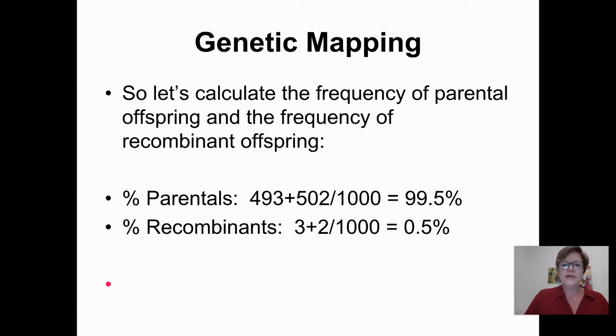So we're going to calculate then the frequency of offspring with parental allele combinations and the percentage of offspring with crossover allele combinations. And so we add together the two biggest numbers and divide by the total. When I make up data, I use a nice round number, in this case 1,000.